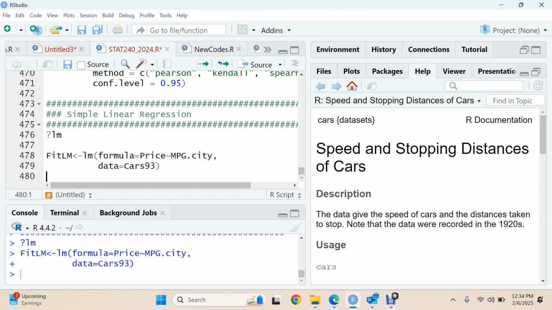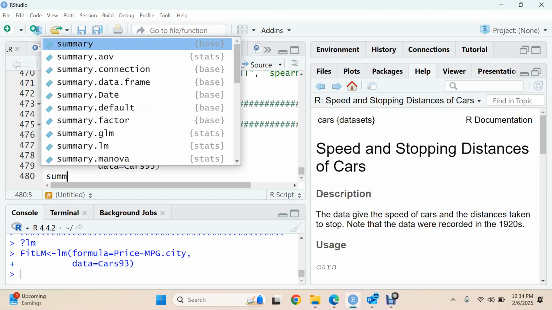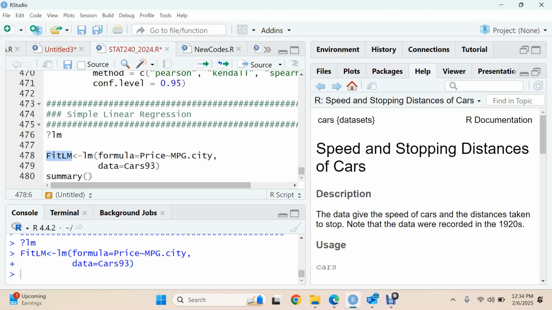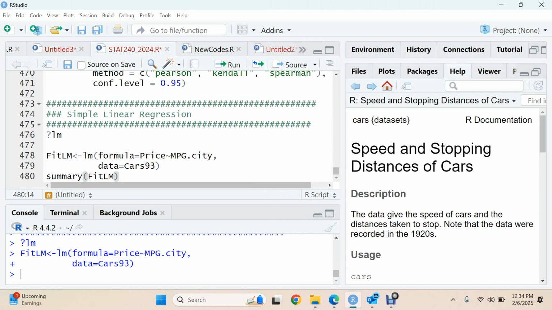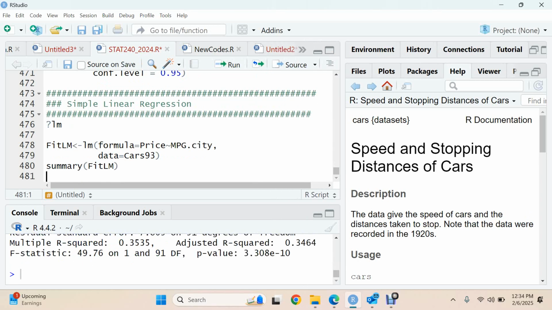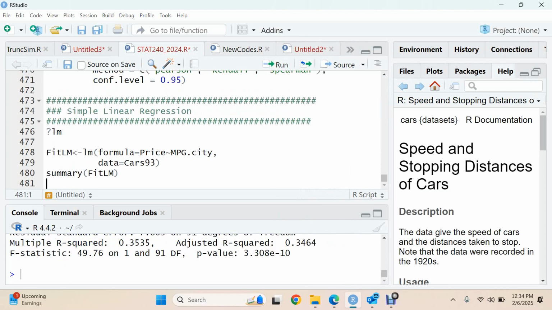Okay. So your model is now done. There was no error, so we have that. And then you can use summary to get the results displayed.